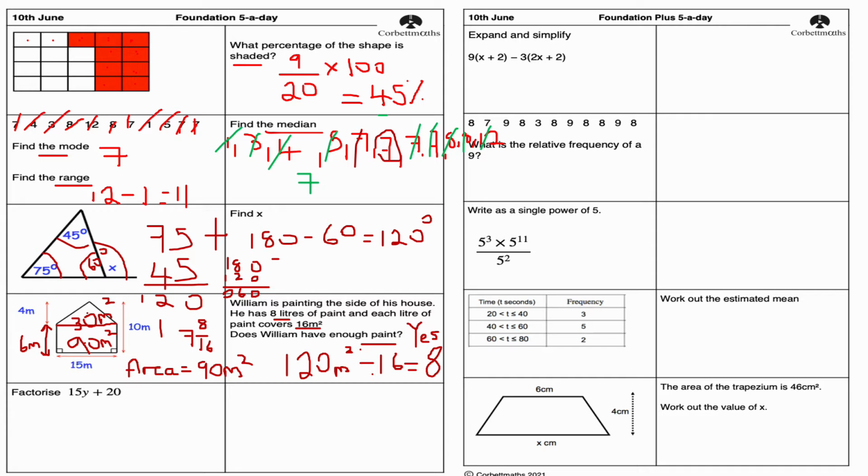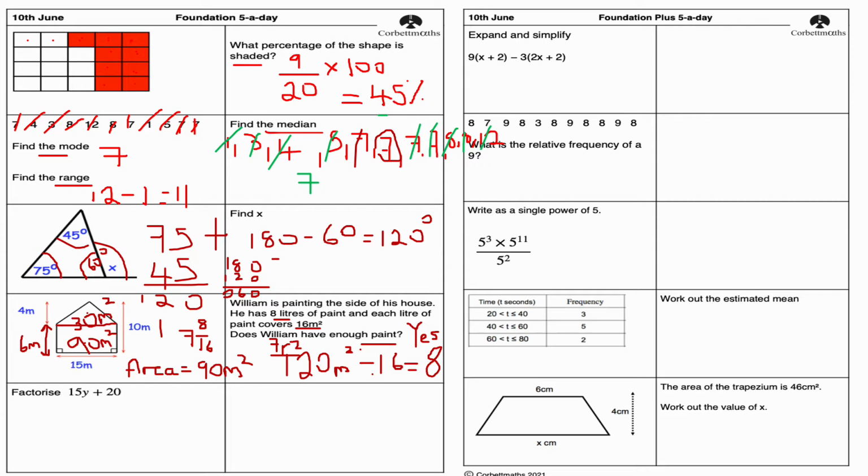Yeah, so that means that I've got to round this number up, which is going to give me 8, because I can't have a fraction of paint. Basically, I can only have paint in whole amounts, which is 1 litre, 2 litres, 3 litres. So it's 7 remainder something. Okay, it doesn't matter what the remainder is. I'm going to round up this number to 8, so the answer is yes, guys.